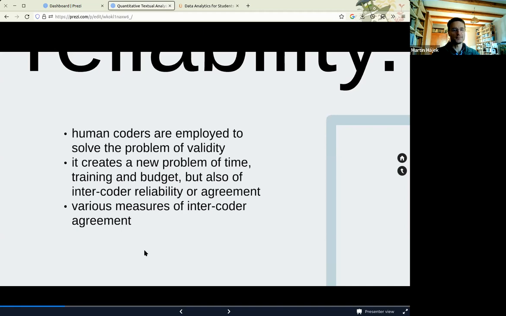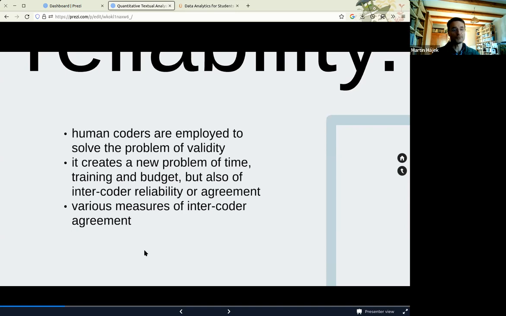If they see an article in right-wing newspapers, they have a preconception of what should be in the text. So they code it slightly differently than if they knew that it's in a left-wing newspaper. Also, if you have a right-wing coder and a left-wing coder, they code differently.